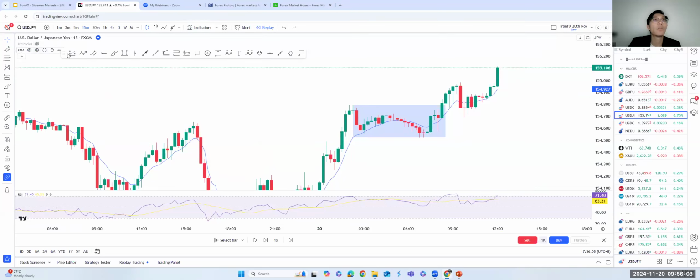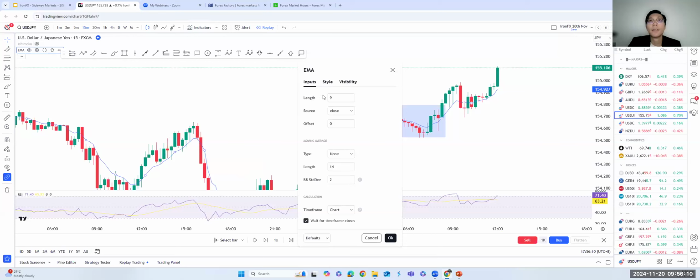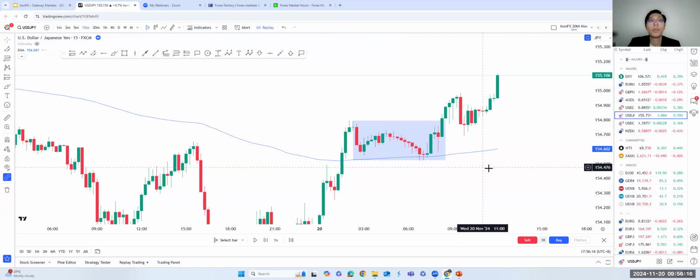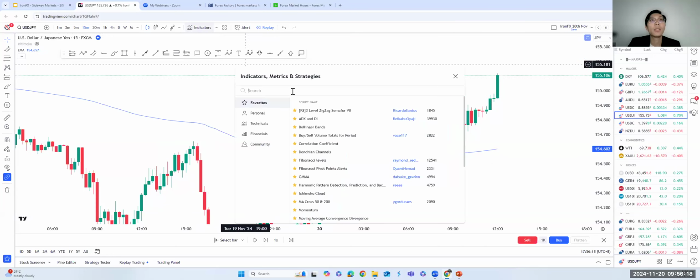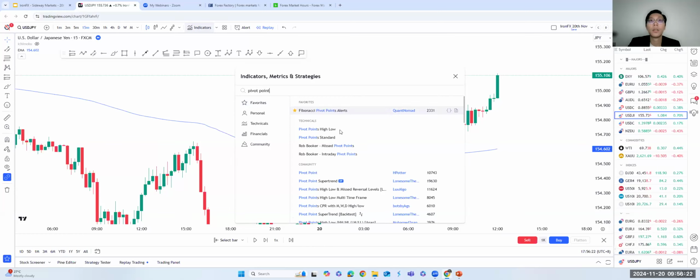Then we change this to 200 EMA. Okay, we don't want RSI. What we want is the pivot point. Pivot levels. Is it called pivot level?